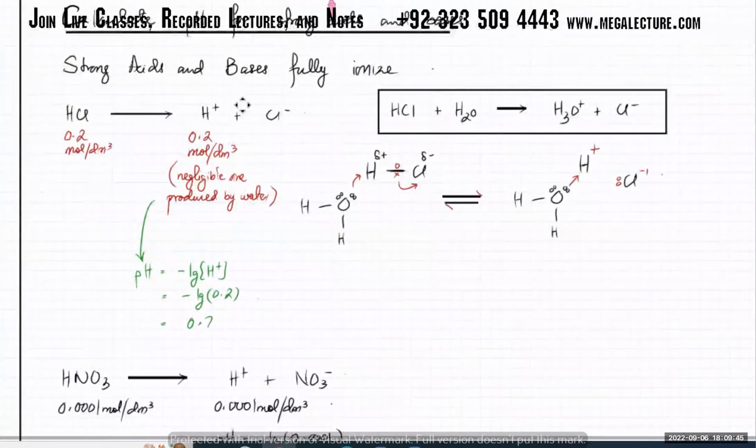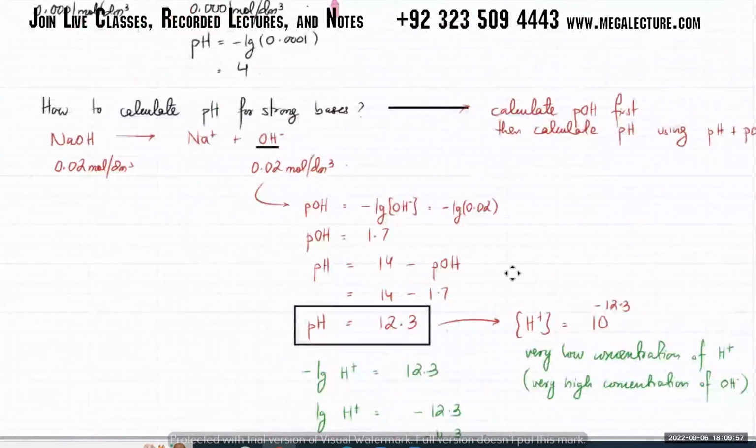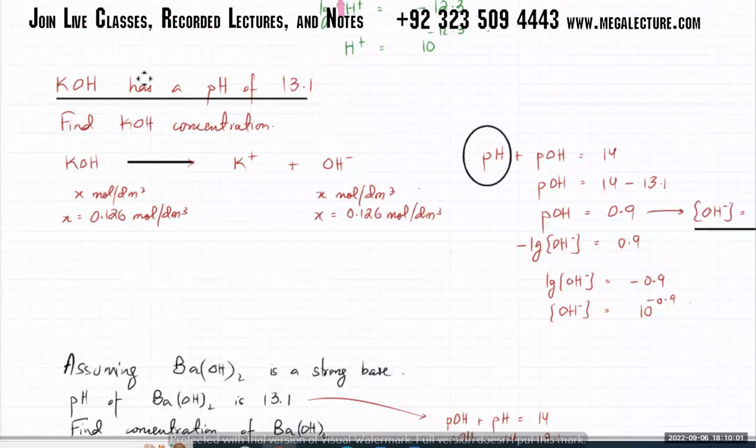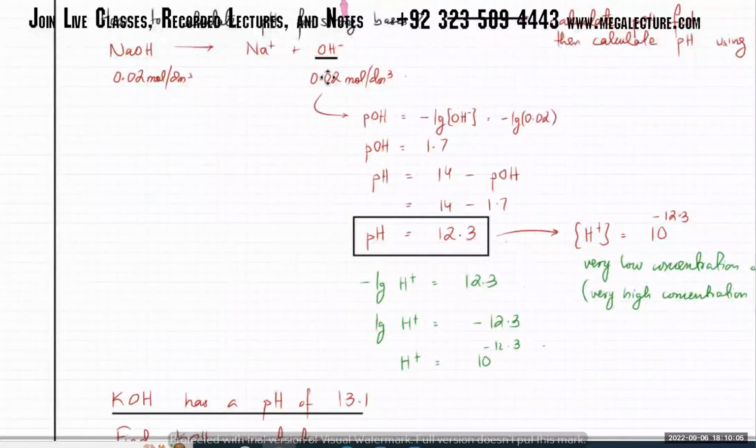It was simple. If you know the concentration of H plus 1, you can just take the negative log of that, and you'll get the pH. So ये था, और bases का भी we found the pH of bases. If you want to find the pH of a base, you don't find the pH of the base, you find the pOH of the base.